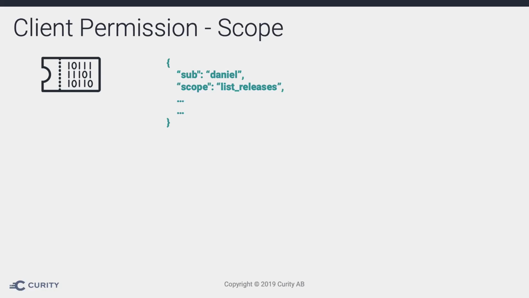To mitigate against a scope explosion, we can start sorting scopes into structures, or make them into URIs, or even have a scope being a JSON document. Those are the types of things that we have seen.